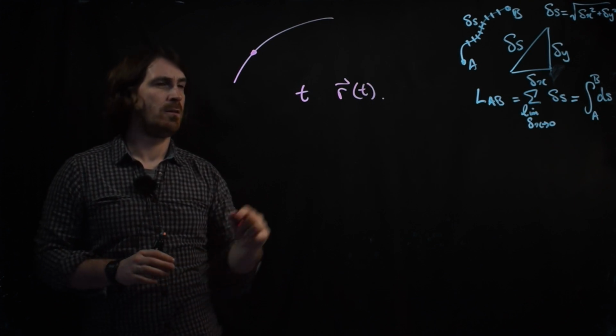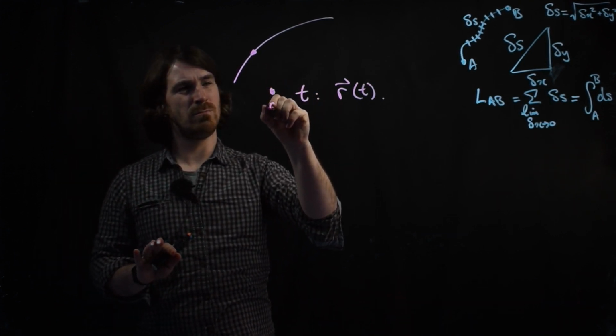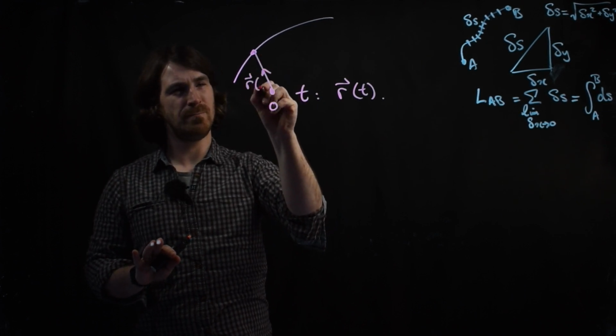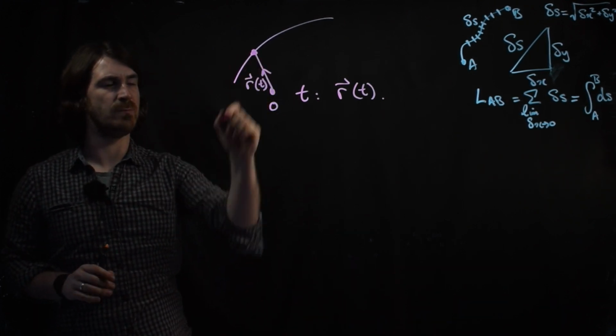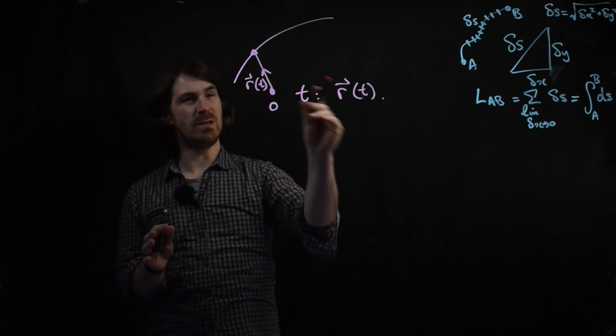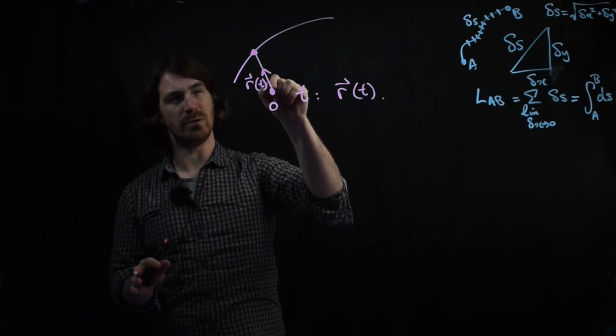Let's have an origin here, O. There's a vector, r of t, that takes us to a point on the curve at time t, or parameter t. And as this parameter t changes, the curve is mapped out by the end point of this vector.